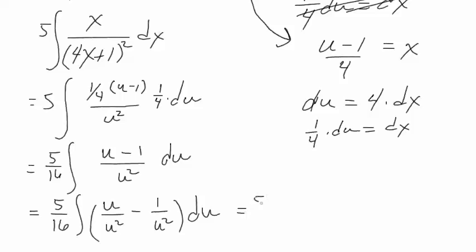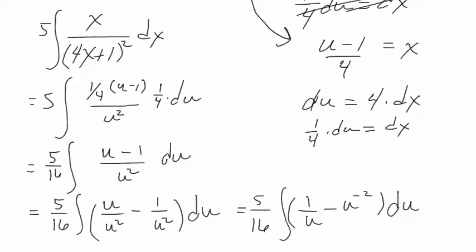I'm just going to write this again right here. So we can simplify this. This will simplify down to 1 over u. So that ought to look familiar now. And this guy we can bring up to the numerator, u to the negative 2. I'm not going to break this up into two separate integrals.